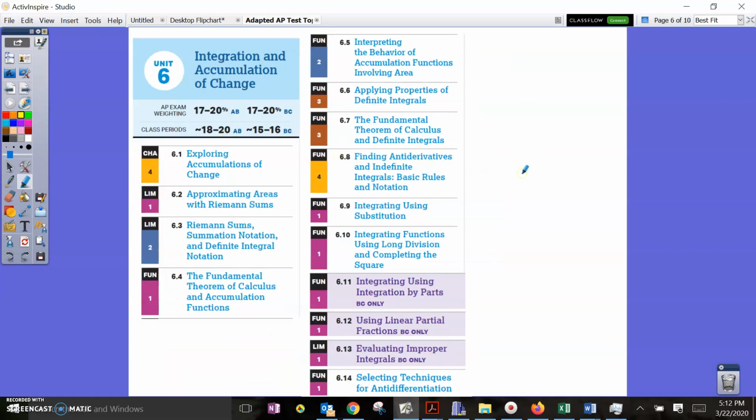Unit 6, Integration and Accumulation of Change. All of Unit 6, except for the purple highlighted objects here, are eligible to be asked about on the AB exam this year.